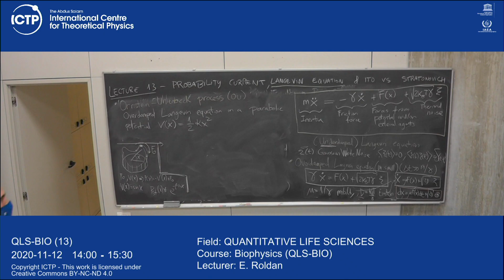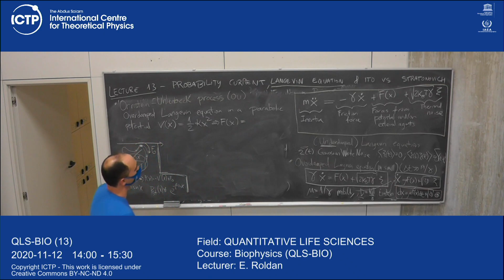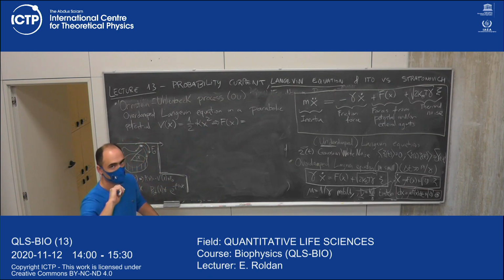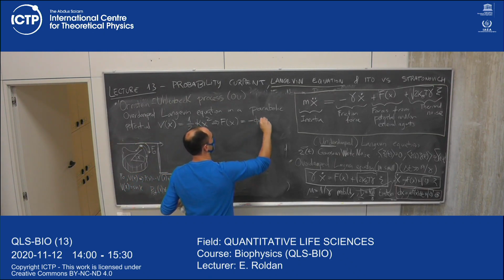For this, the forces are all conservative. So what is f of x? Negative kappa x. If you do the derivative with respect to x, you get kappa x, but you need a minus sign, so it's minus kappa x.